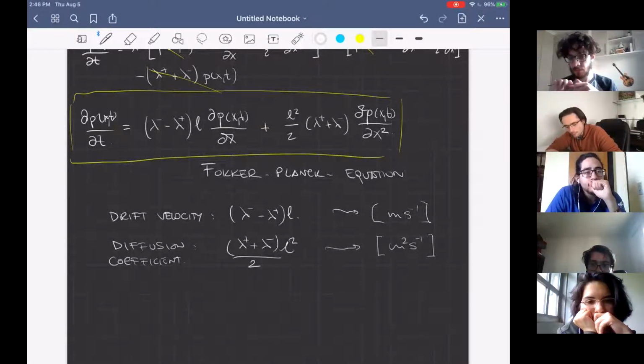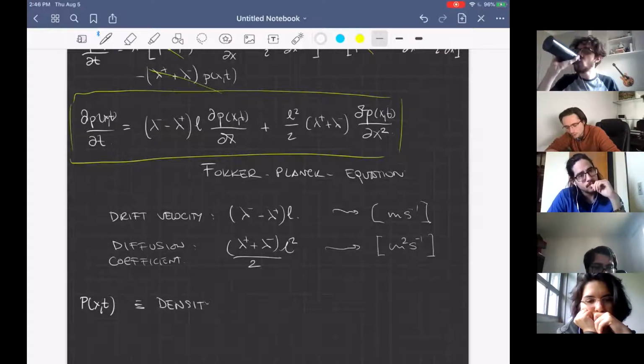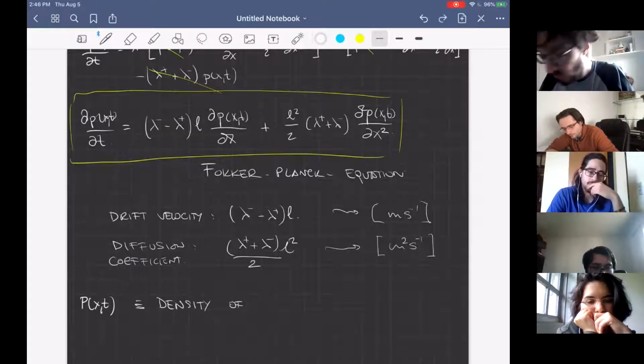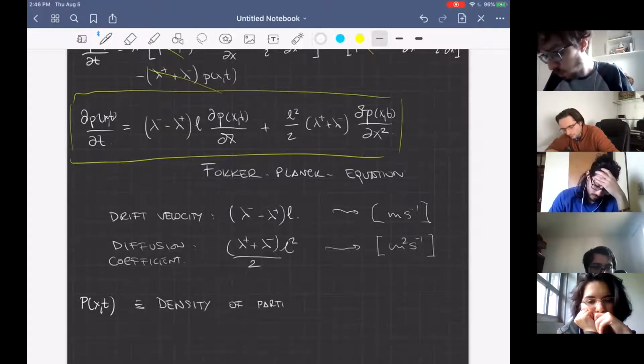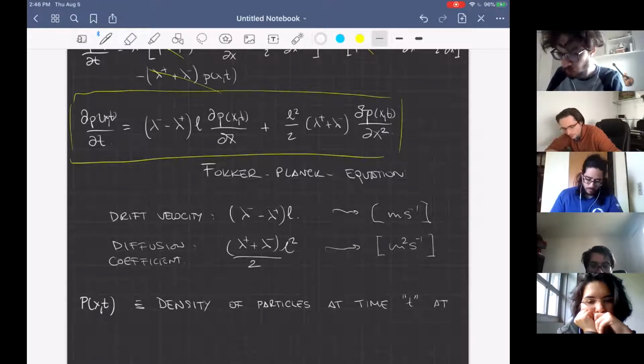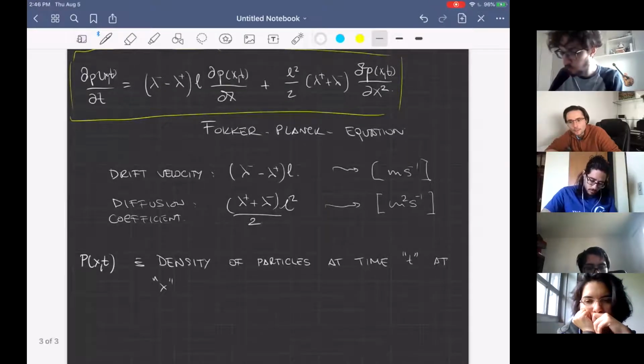Then I can map this probability of finding a single particle at a position x to a density of particles at time t at position or location x. Is this mapping clear for everyone?